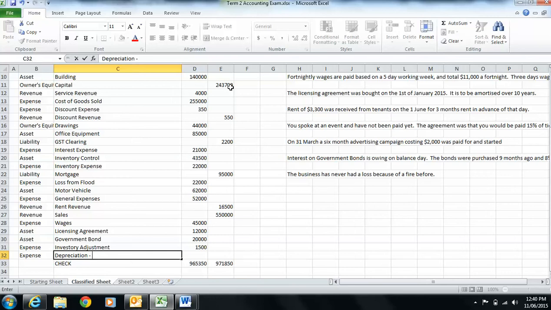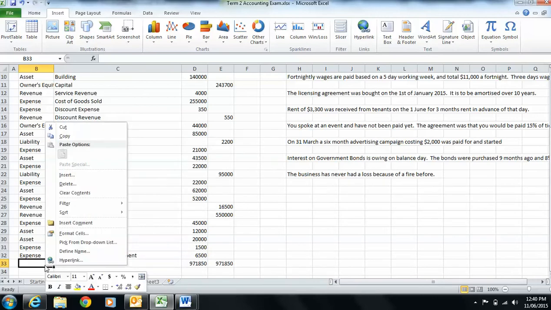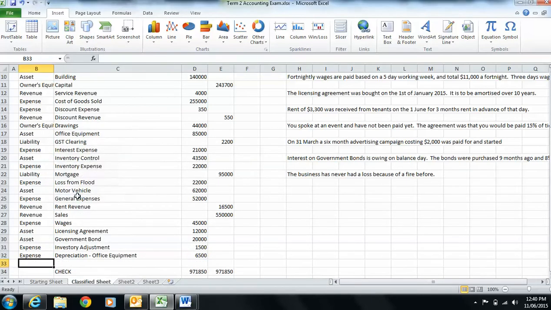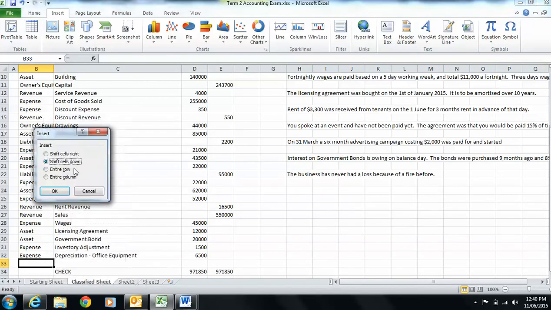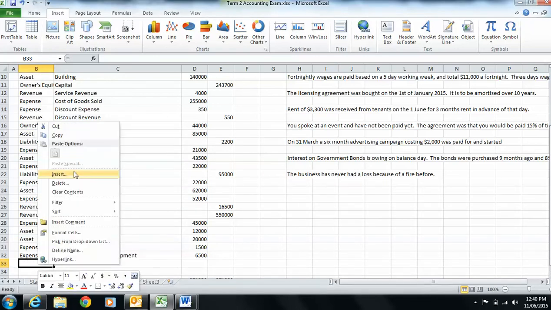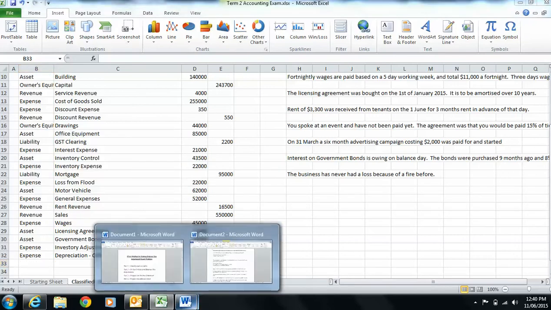Depreciation for office equipment was $6,500. And again, we can see that it checks. We're going to have to insert a few rows here. And we'll just check that our formula still works in there as well. That'll at least give us a few more that we can do. Okay, so that's our second calculation done.